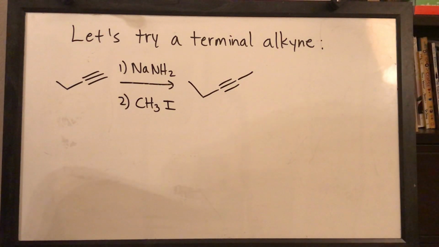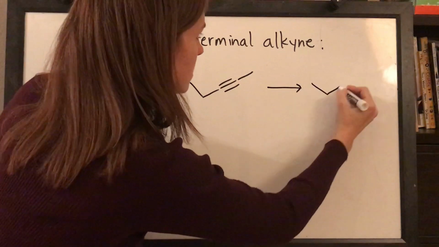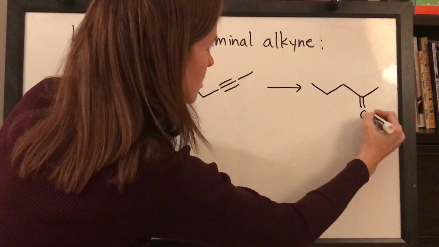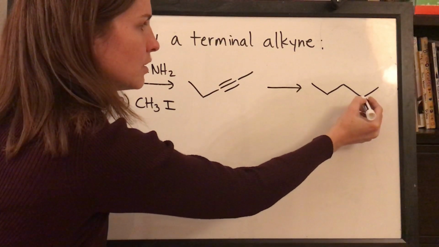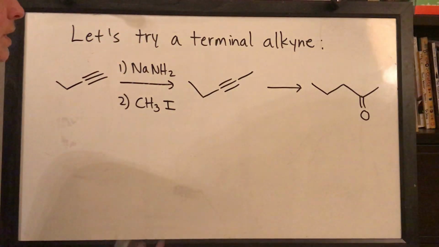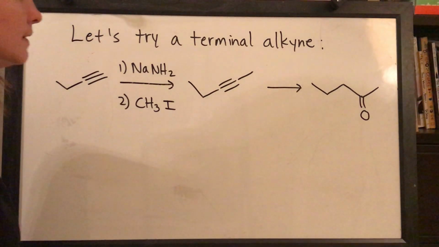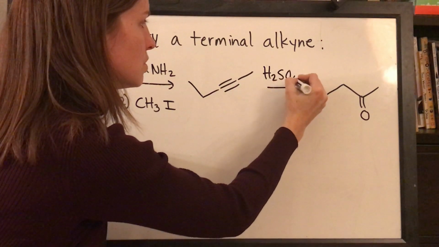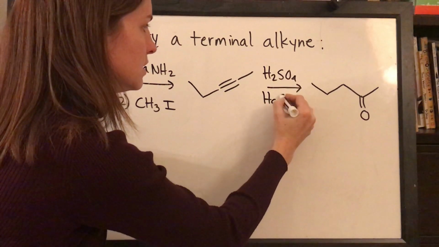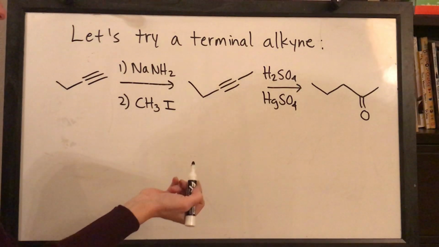That's great. But then the product that we're trying to get to, don't forget, looks like this. We want to get to this ketone here, and the ketone needs to be on the 2nd carbon from the right. Well, I have a way of turning a triple bond into a ketone. That's with a hydration reaction, so H2SO4 and HgSO4, or the anti-Markovnikov version of that would be to do a hydroboration.